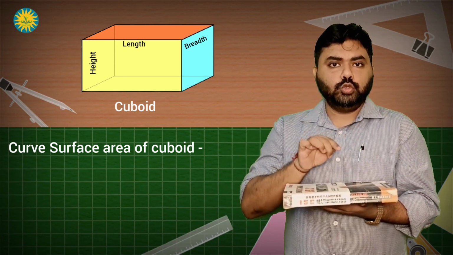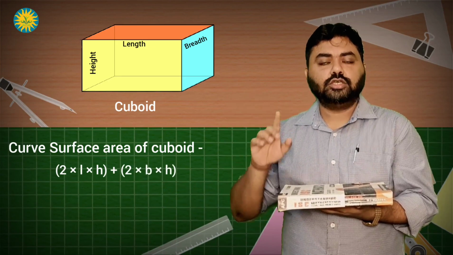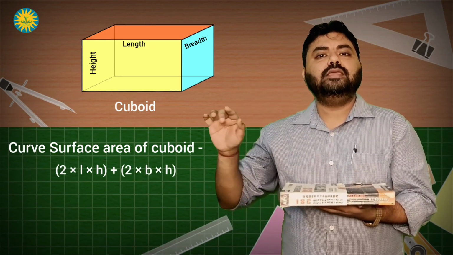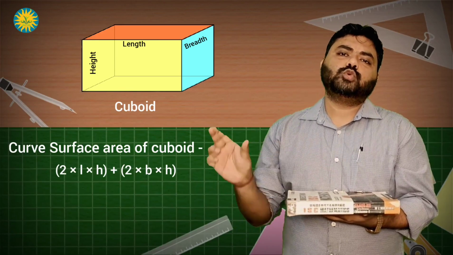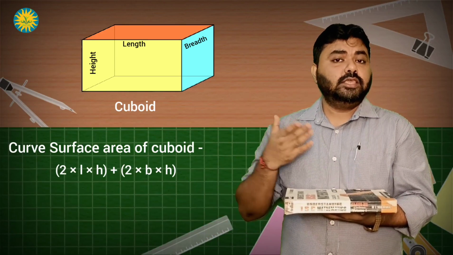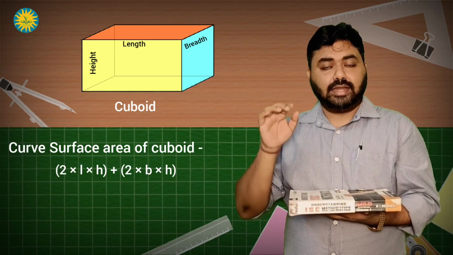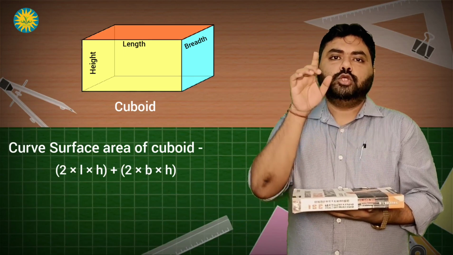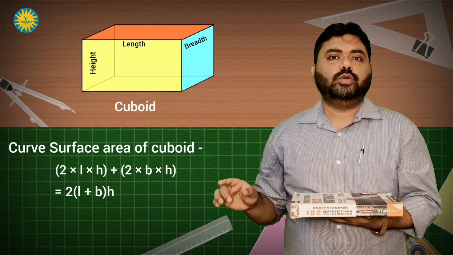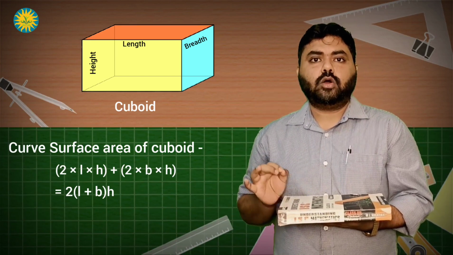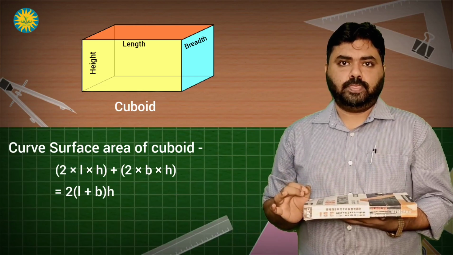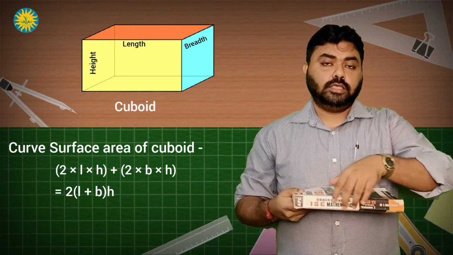That is 2 into L into H plus 2 into B into H. If we take 2 and H common, we will get 2(L plus B) into H. So this is the curved surface area or lateral surface area of this cuboid.